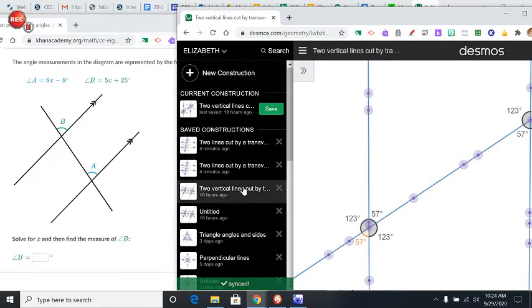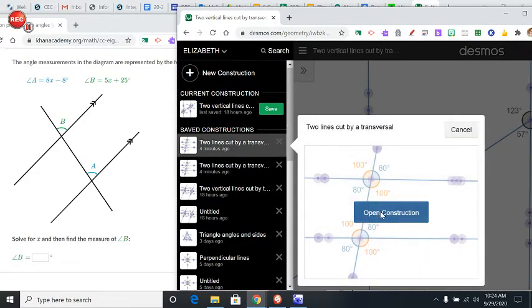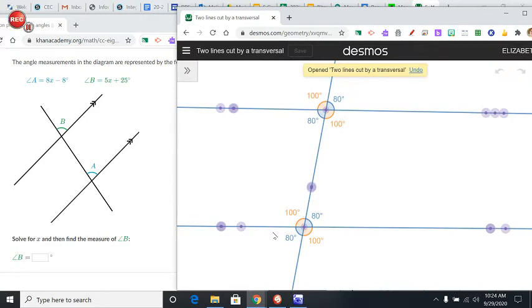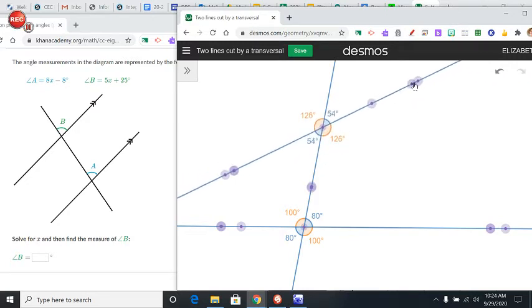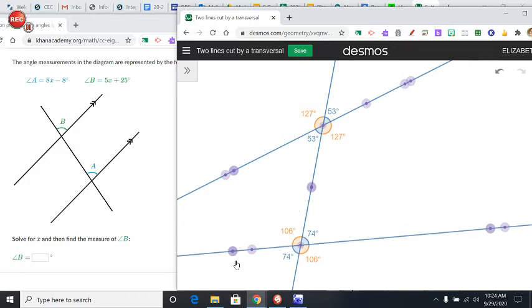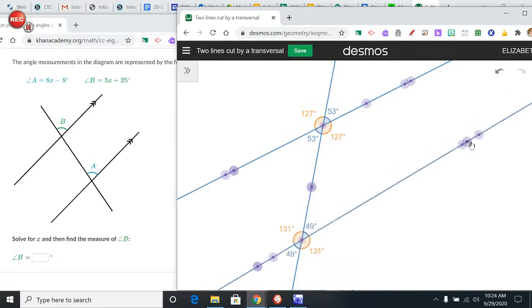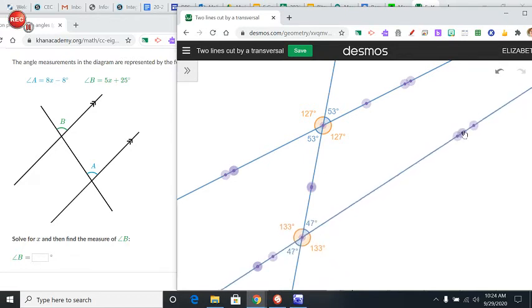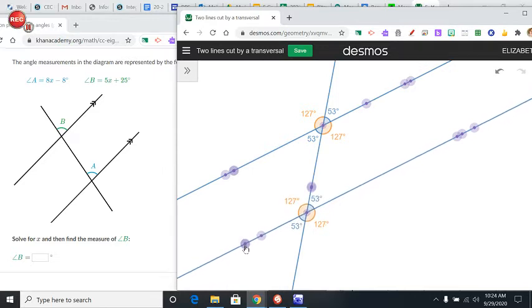I see these two lines are going to look a little bit more like this construction, so I'm going to pull up this construction and make it look more like the picture on Desmos. I'm going to adjust this a little bit. The points that you use to create the lines are the ones that you can use to rotate the lines.